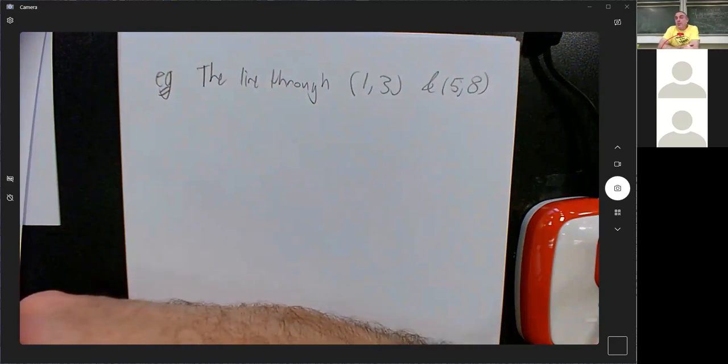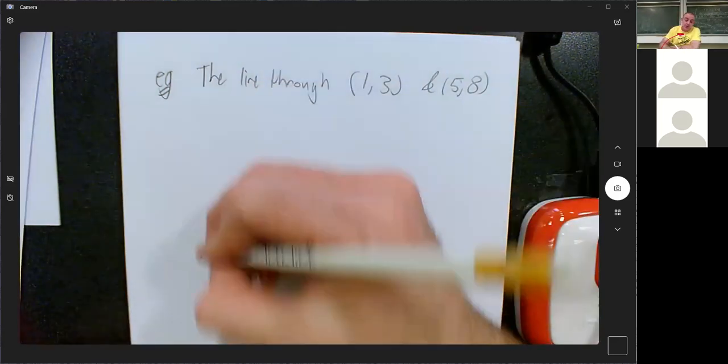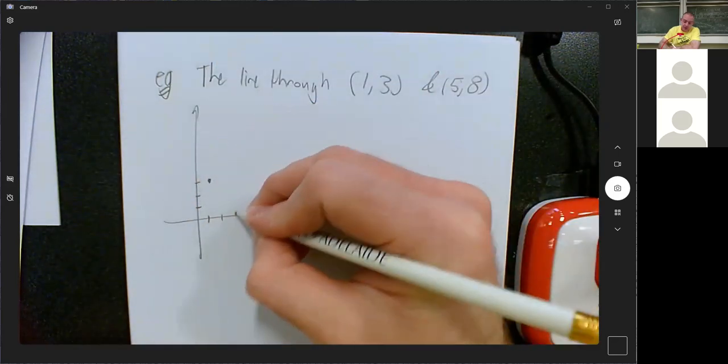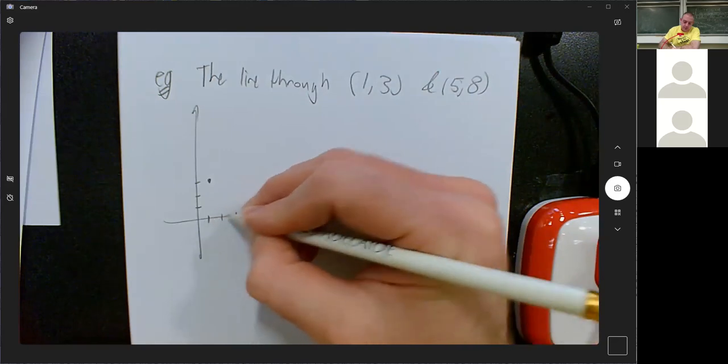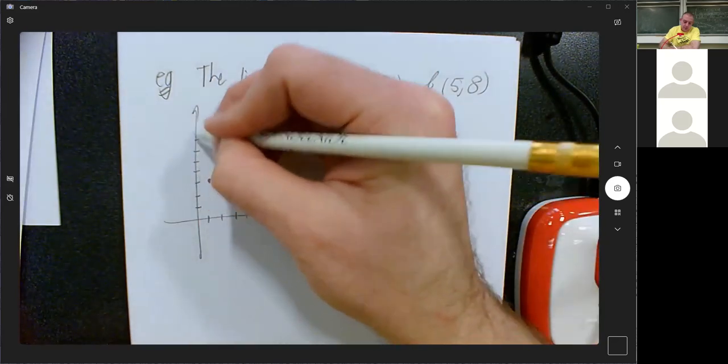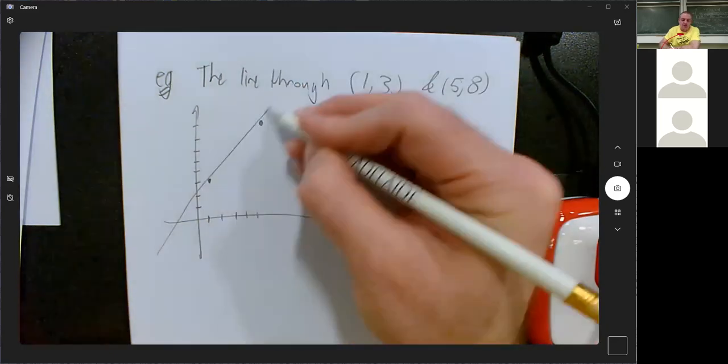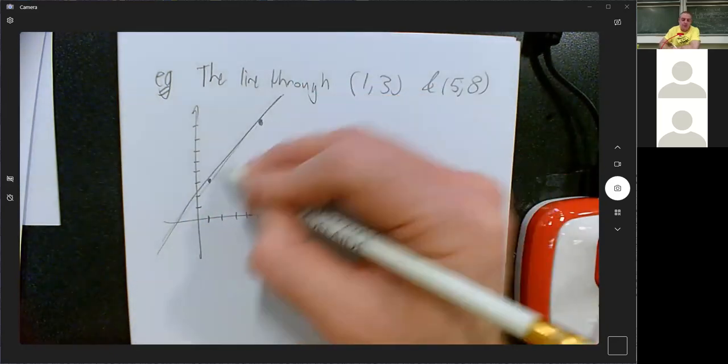Even without drawing a picture of it, I can make a good imagining of how to calculate all the other points on that line. But I am going to draw a picture of it. There's 1, 3. And there's 5, 8, and I'm imagining this line here that goes through the two of them.